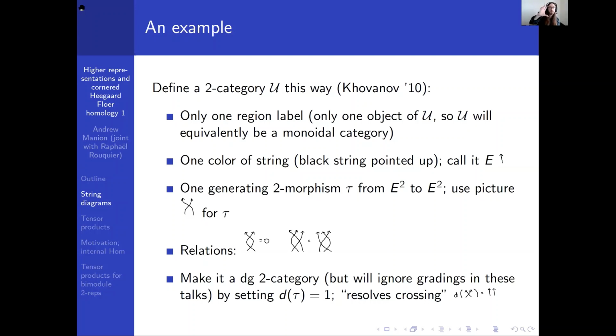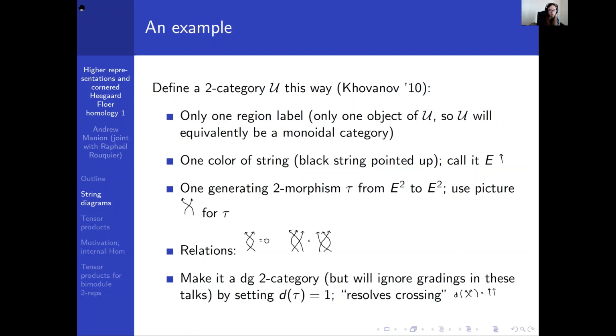Now I could take d of a natural transformation between DG functors. That's a well-defined thing, because your morphism spaces in DG categories have differentials, and you can take d tau plus tau d, that sort of thing. But that's just saying that Cat is really a DG two category.